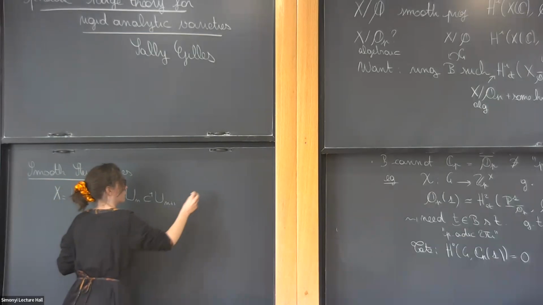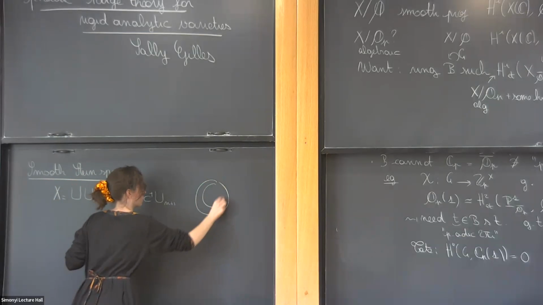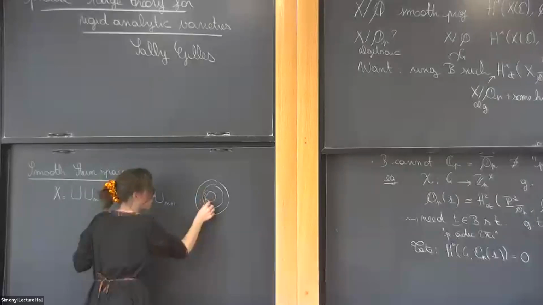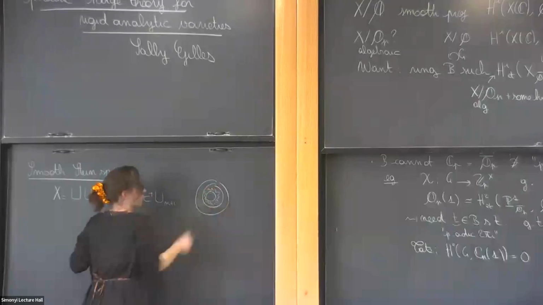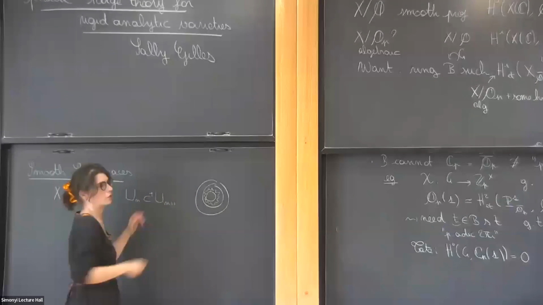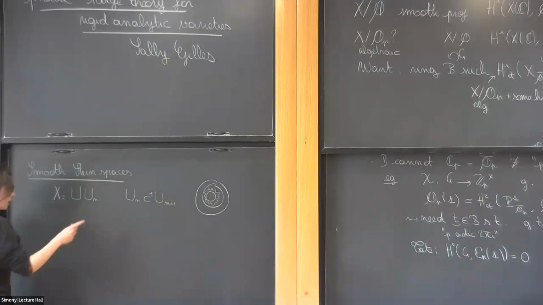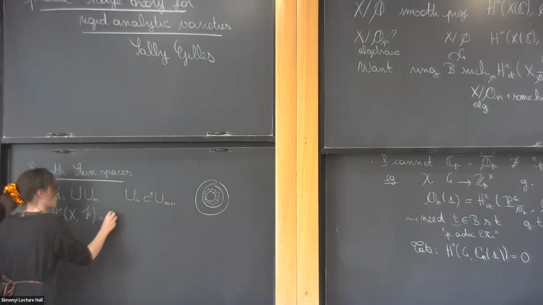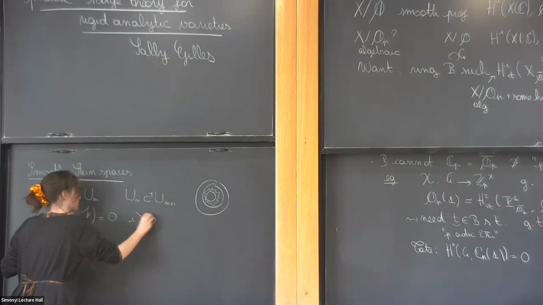And so this means that you have this union of affinoids, and in some way you can make the structure sheaf over convergence. You can go a little over U_n. And in that case, what will make things easier is that the coherent cohomology is concentrated in degree 0.